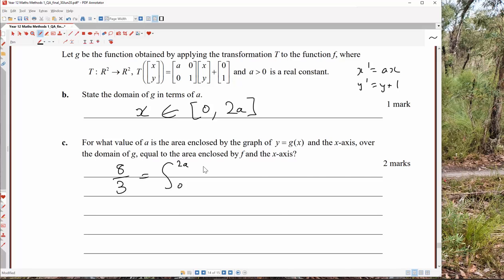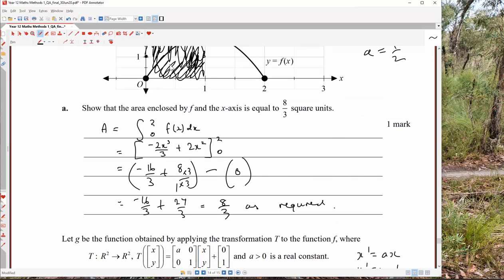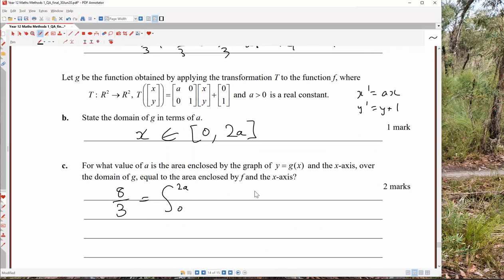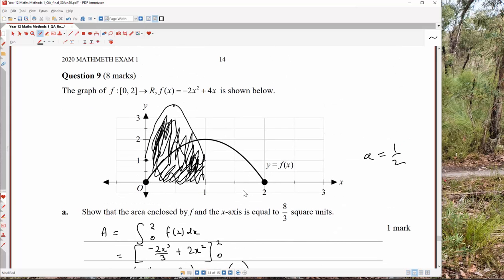So g of x is going to be, so there's f, so to do the dilation we'll do f of x on a, which is negative 2 times x on a all squared, plus 4x over a, which is negative 2x squared over a squared plus 4x over a.